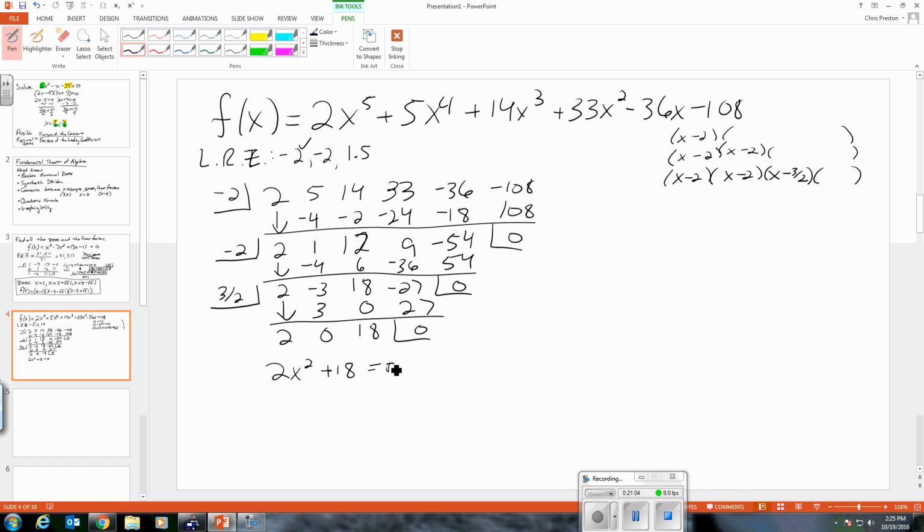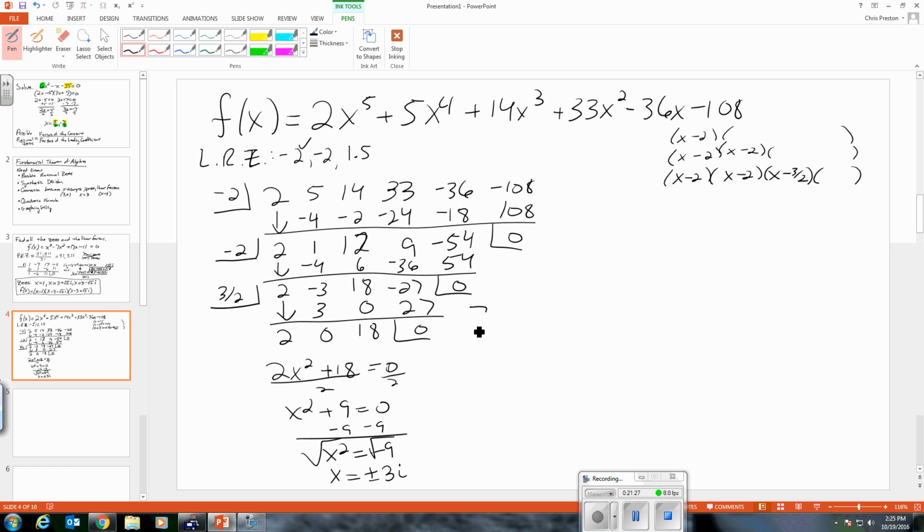Now this one is a quadratic. I could use the quadratic formula, or I could just divide everybody by 2, plus 9 equals 0. And now I can take roots. I can subtract 9, x squared equals negative 9, take the square root, x equals plus or minus 3i.